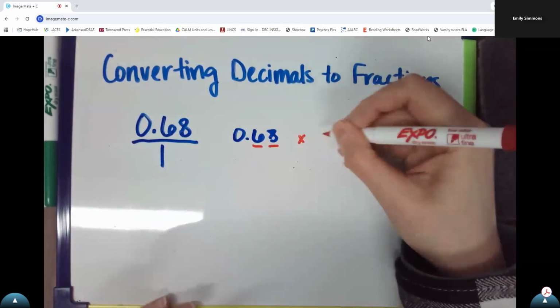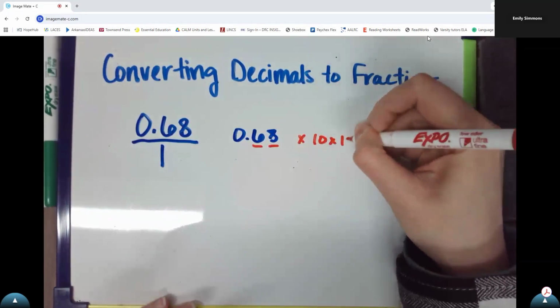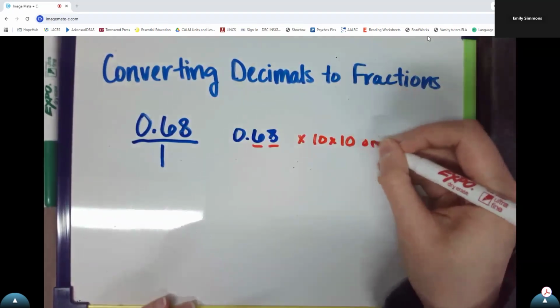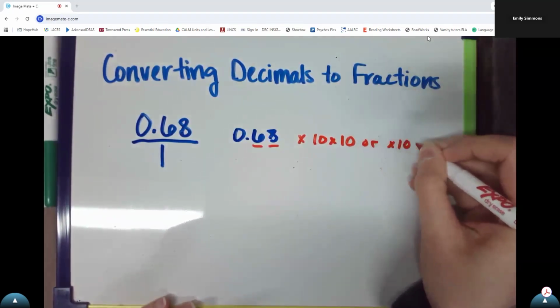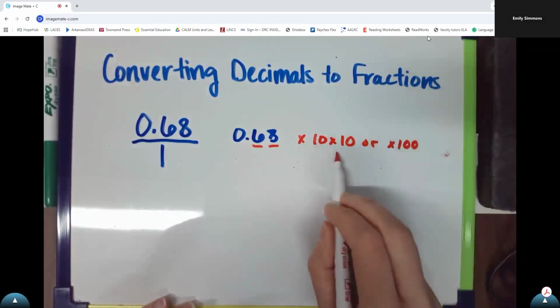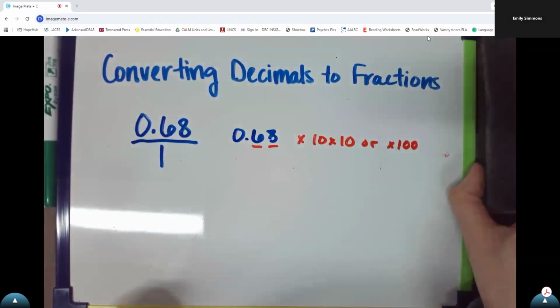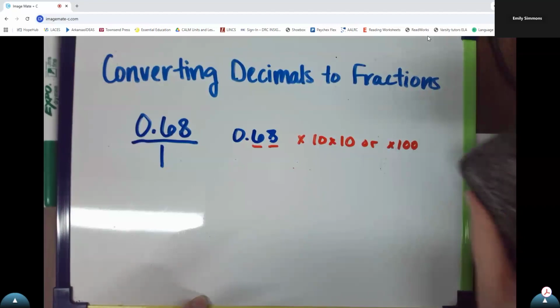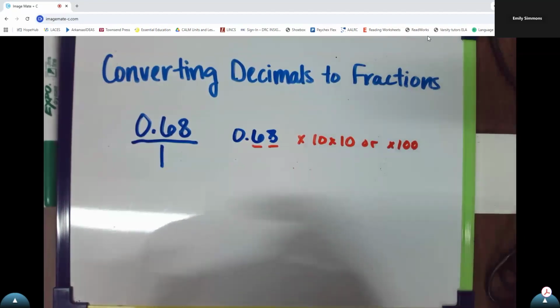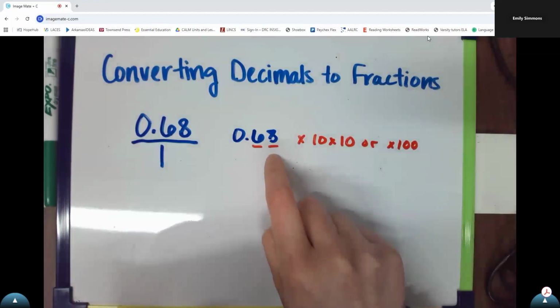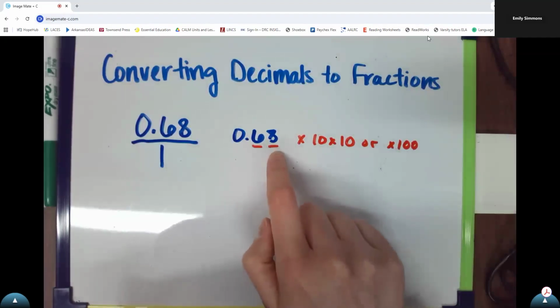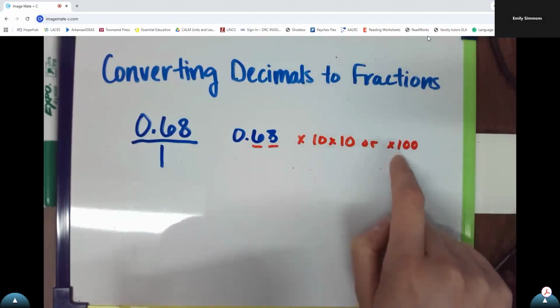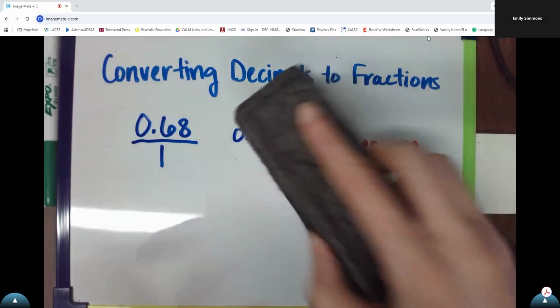So we would multiply by 10 times 10, or by 100, because 10 times 10 is 100. What I usually think of is my last place value is what I'm going to multiply by. My last place value is my hundredths place. So I'm going to multiply by 100.